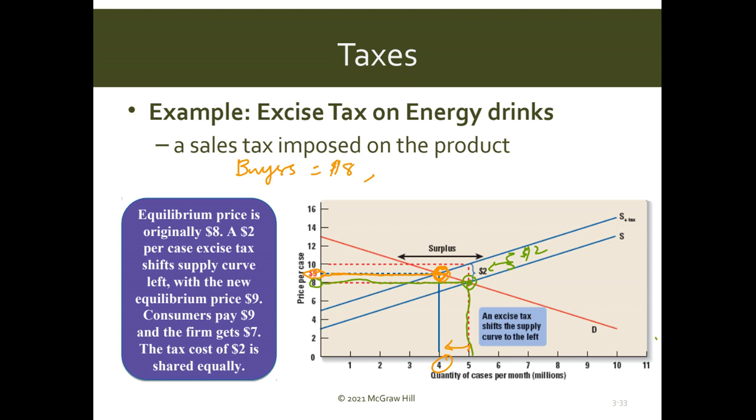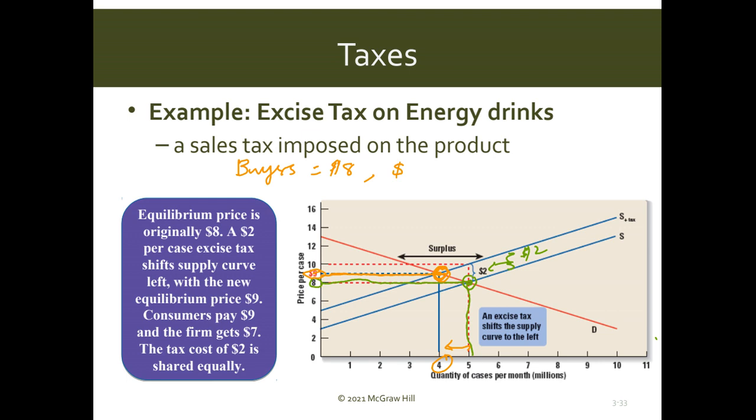Everything was cleared, right? So there were no shortages, no surpluses. But after the imposition of an excise tax of $2 per unit, notice that now the equilibrium price is $9. Equilibrium price $9 means that consumers are now paying $9.